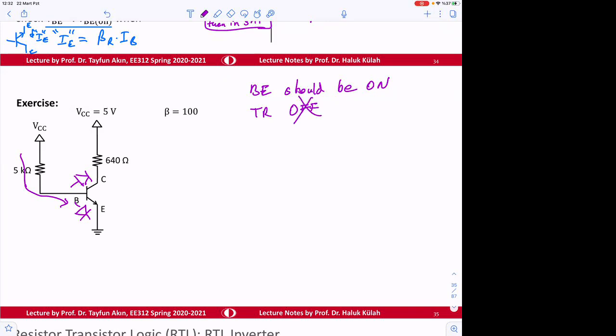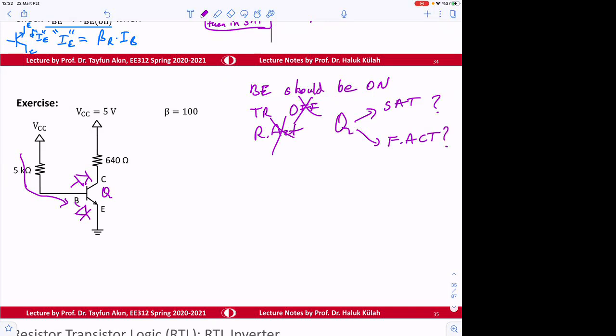And then if that is on, we know that maybe reverse active is not possible. Okay, so therefore Q, let's call the transistor Q, is either SAT or forward active. Okay, so which one?